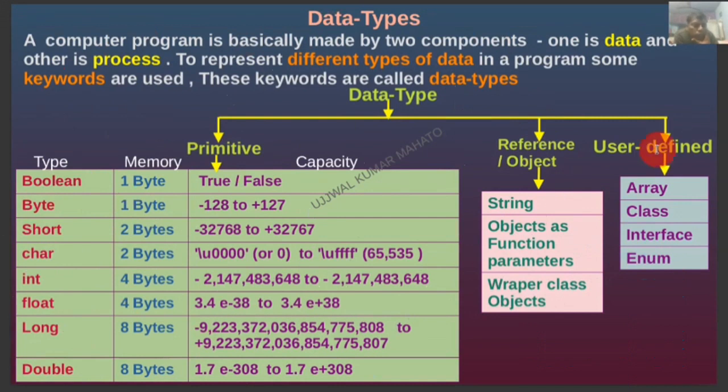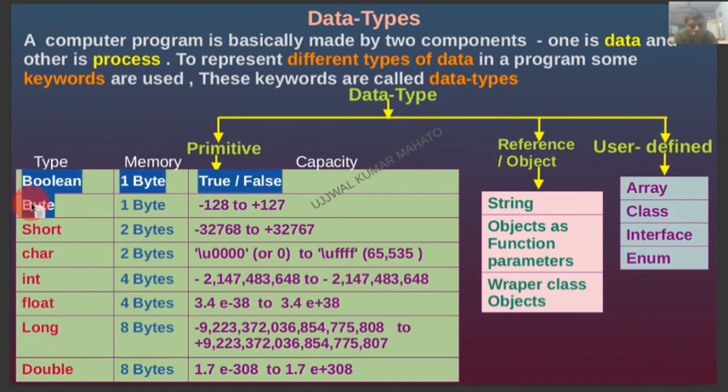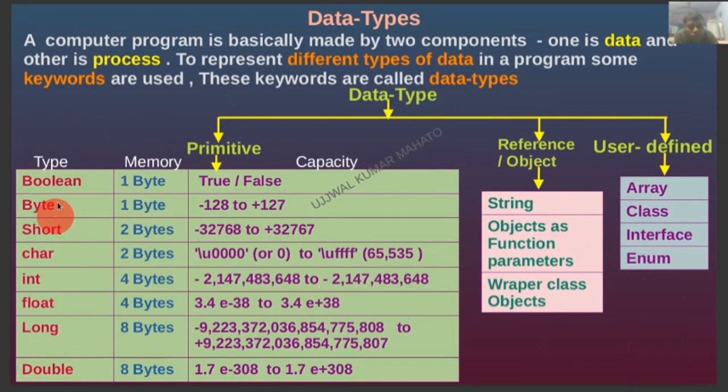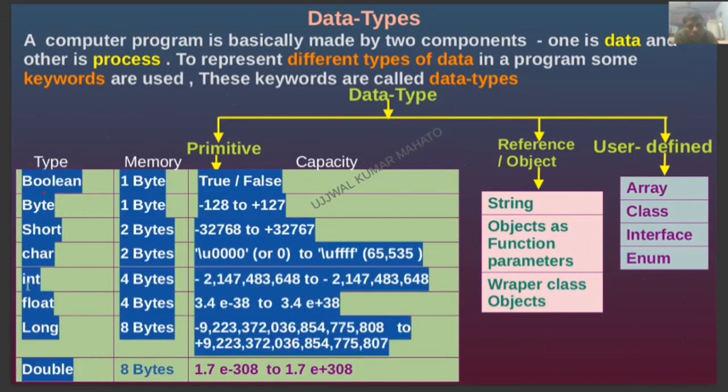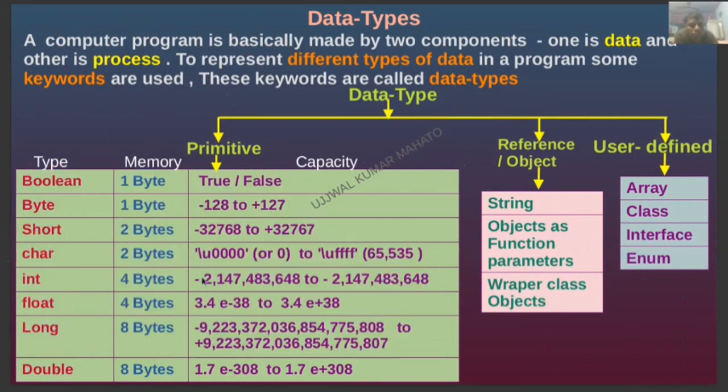Next are user defined data types, which are defined by the user or the programmer with the help of different types of fundamental or primitive data types like boolean, byte, short, etc., and string objects, wrapper class objects, etc. All are included in these user defined data types.